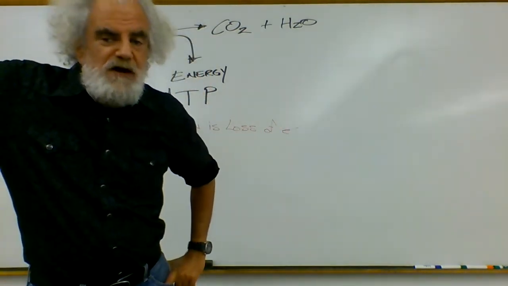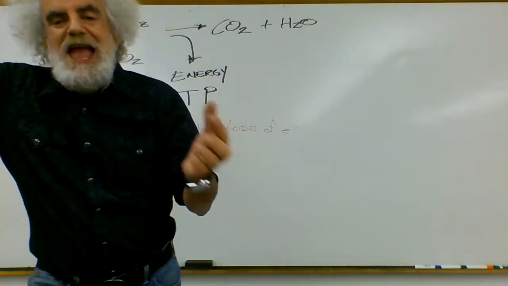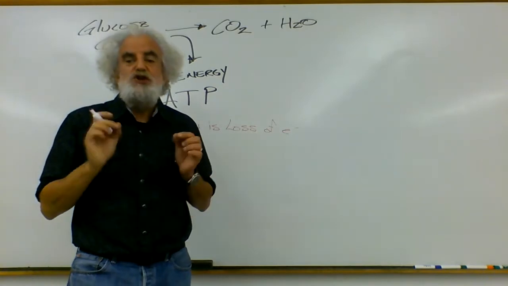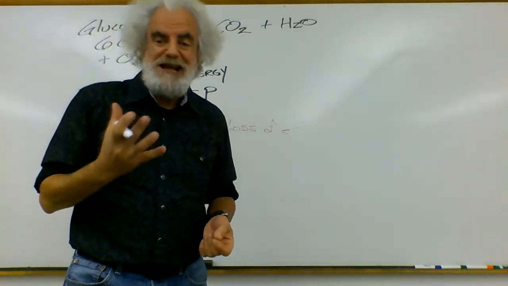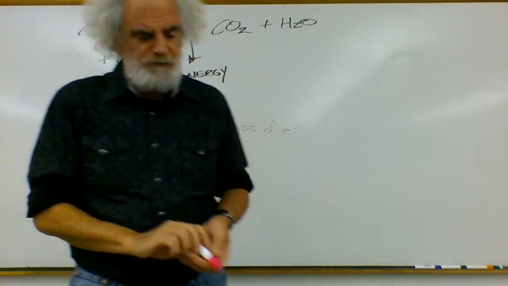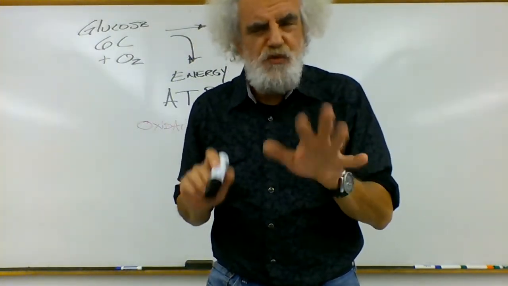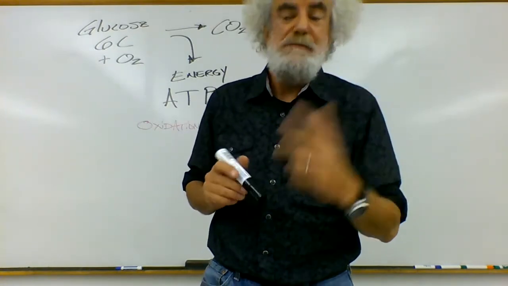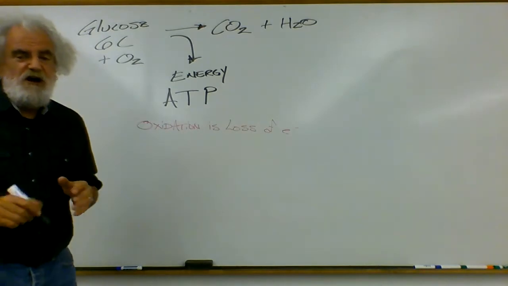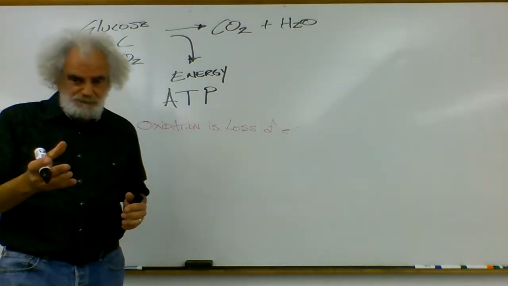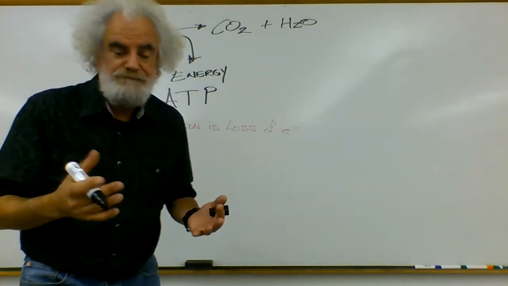Now, if a molecule loses its electrons, it's got to put it somewhere. And we have these little electron dump trucks that are known as electron carriers. And there are three, but we'll talk right now about two primary electron carriers, and there's one really biggie. The electron carriers, they are derivatives of niacin and some of the B vitamins.